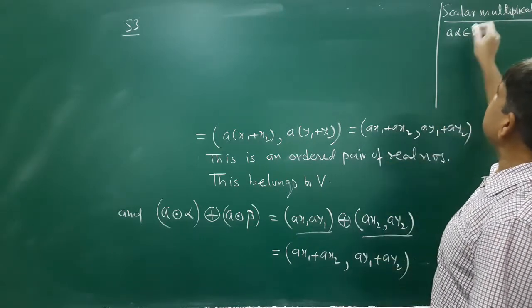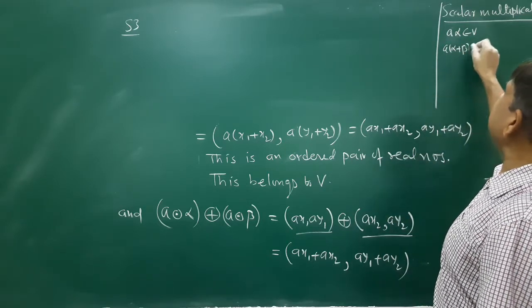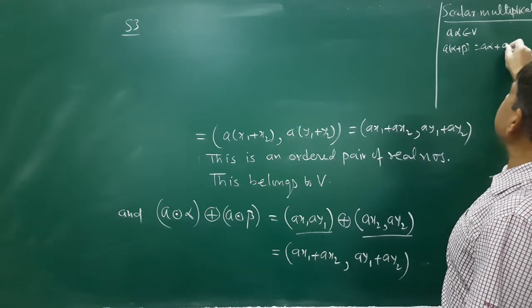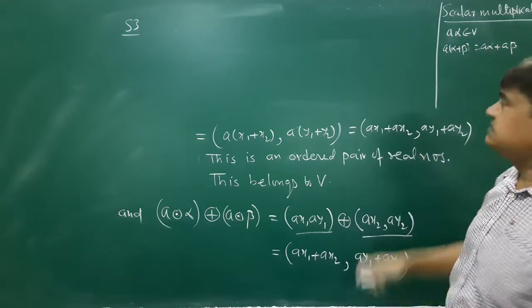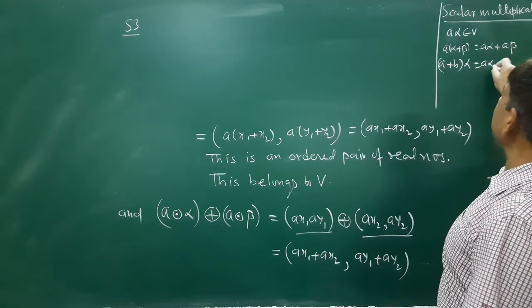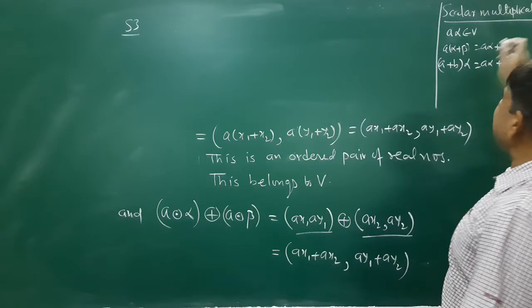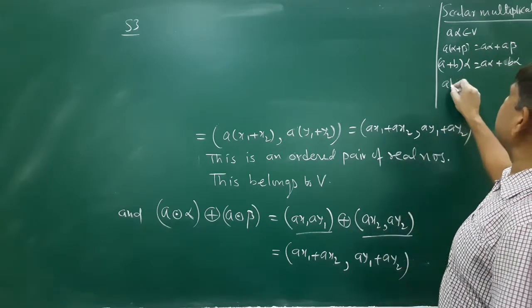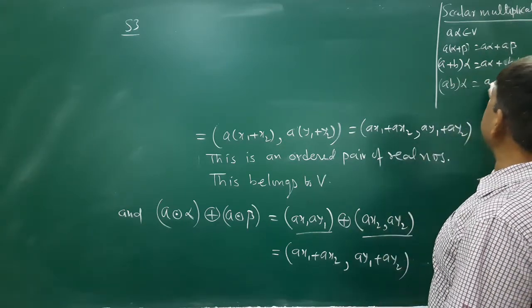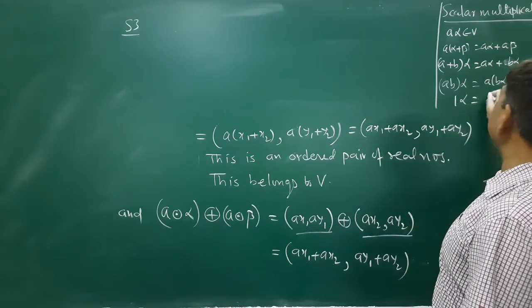A, alpha belongs to V. (a plus b) alpha equals a alpha plus b alpha. Then (ab) alpha equals a (b alpha) and 1 alpha equals alpha.